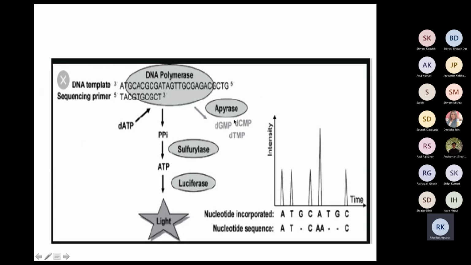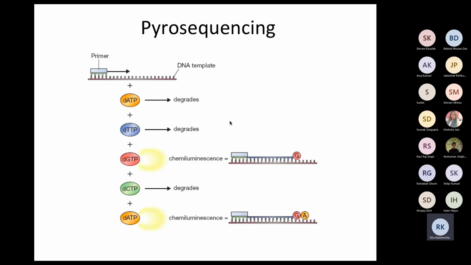You can also think of it as a nucleotidase, which means the nucleotides which are not getting incorporated get degraded immediately. Because if they are not degraded and stay in the system, it will lead to a lot of confusion, because we are only relying on the fact that in this step I have only added dCTP.